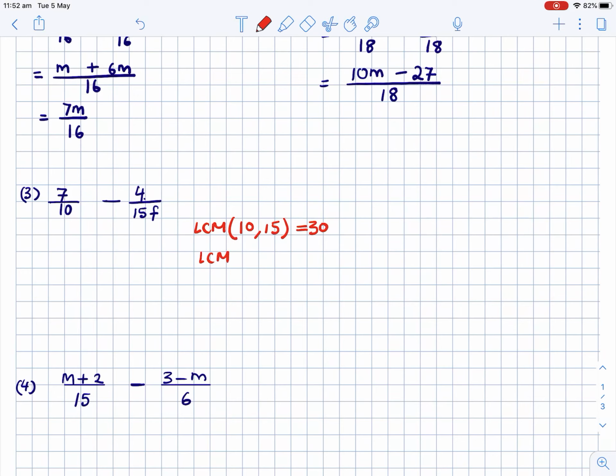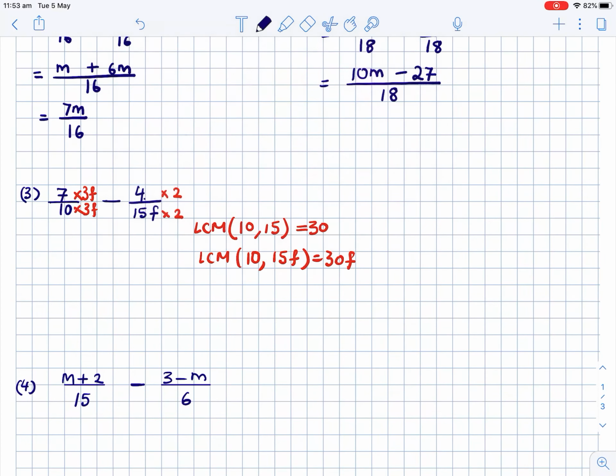So LCM of 10 and 15f is 30f. So our aim is to make the denominators of both fractions as 30f. So you multiply the first fraction by 3f, both numerator and denominator. Second fraction by just 2.